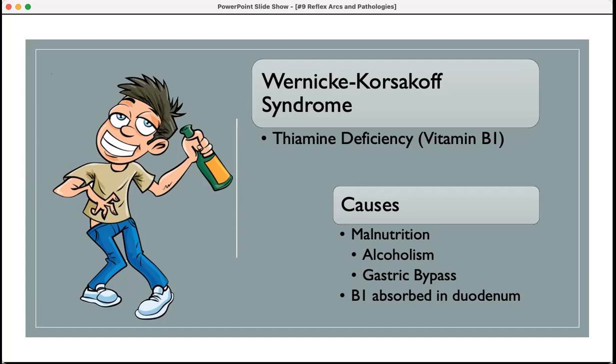The problem is with gastric bypass surgery, they bypass the first part of the duodenum, actually the entire duodenum. And if B1 is not supplemented either in their diet or vitamin supplements, they can develop what they call Wernicke-Korsakoff syndrome.